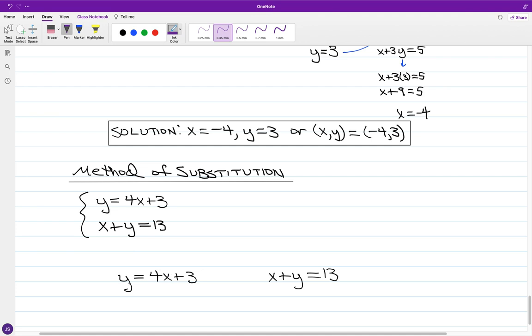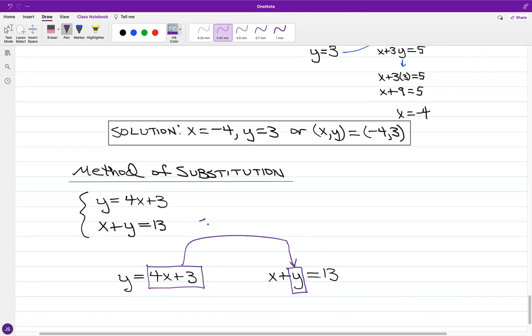For y is equal to 4x plus 3, y is going to be the isolated variable, and that which is isolated, I can substitute for in the other equation.